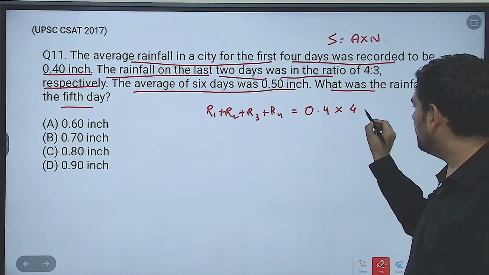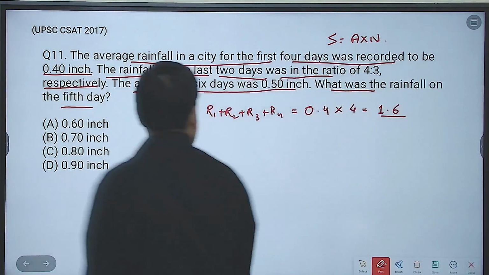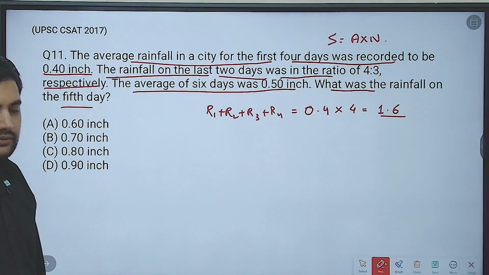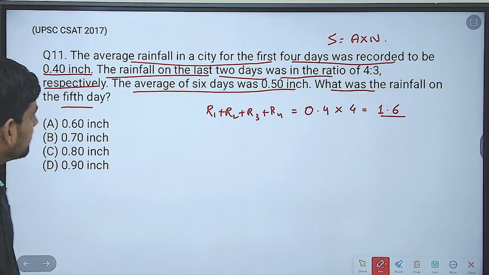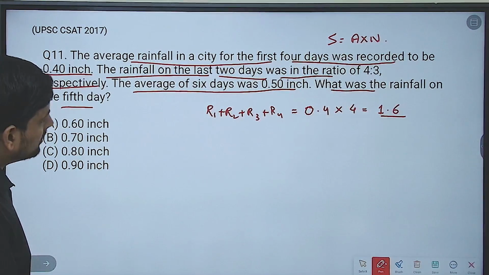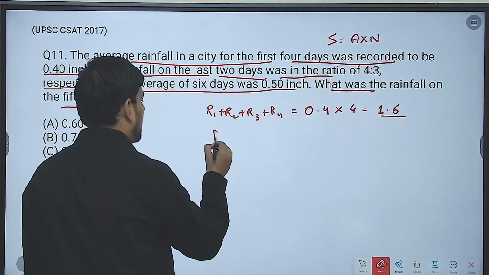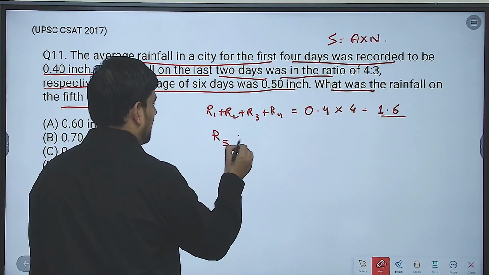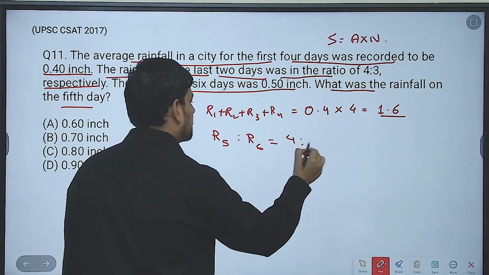So 0.4 into 4 comes out to be 1.6. So R1, R2, R3, R4 sum came out to be 1.6. Then the rainfall on the last 2 days was in the ratio 4:3 respectively. I don't know R5 and R6, but I know their ratio, which is given as 4:3.